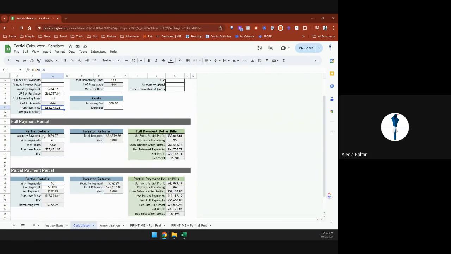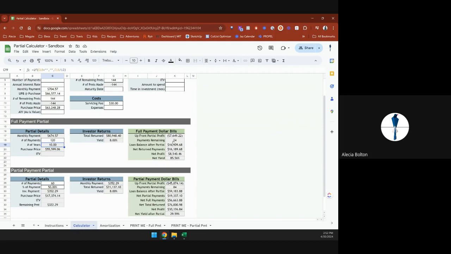So this top section with the full payment, if I were retiring in 120 months, 10 years, I would sell 120 payments, and I would get $55,599.06 from my partial purchaser. And then they would collect 120 payments.